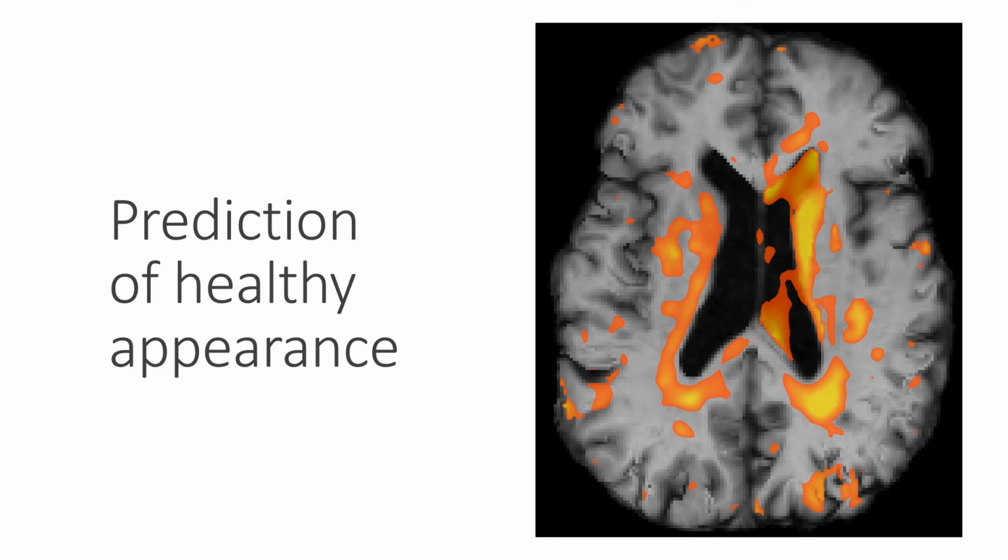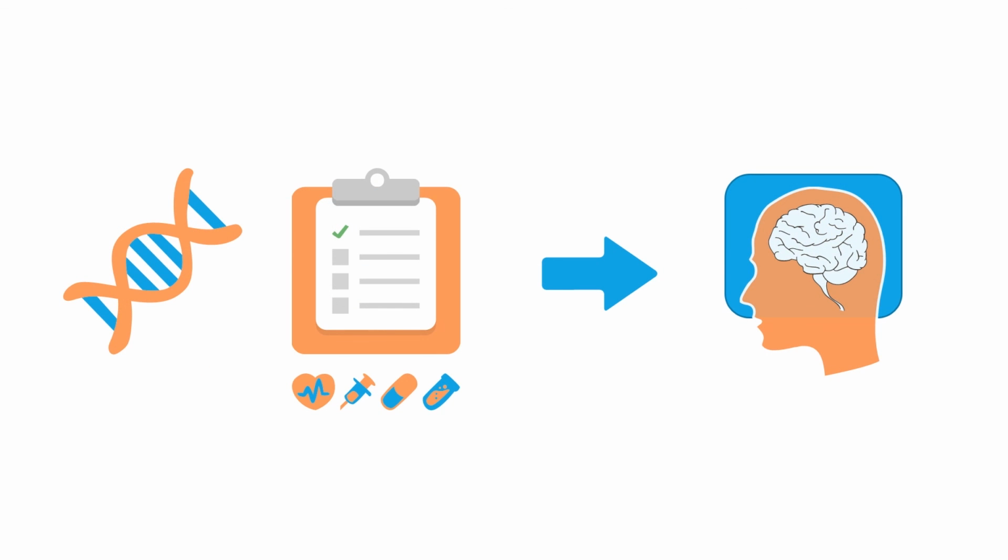We see that the ventricles would expand significantly less if the patient was actually healthy. So our model for predicting follow-up MRI scans using genetic and clinical information opens up new analysis avenues. And ultimately, we want to answer the more general question of predicting anatomical MRI images without even a baseline scan.